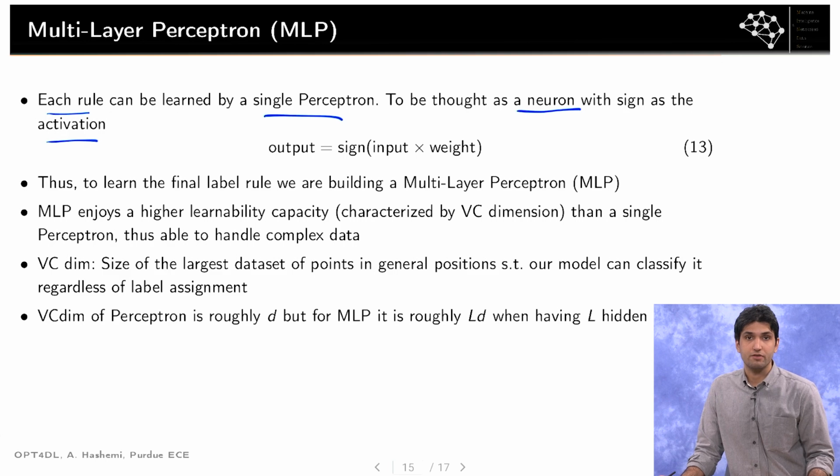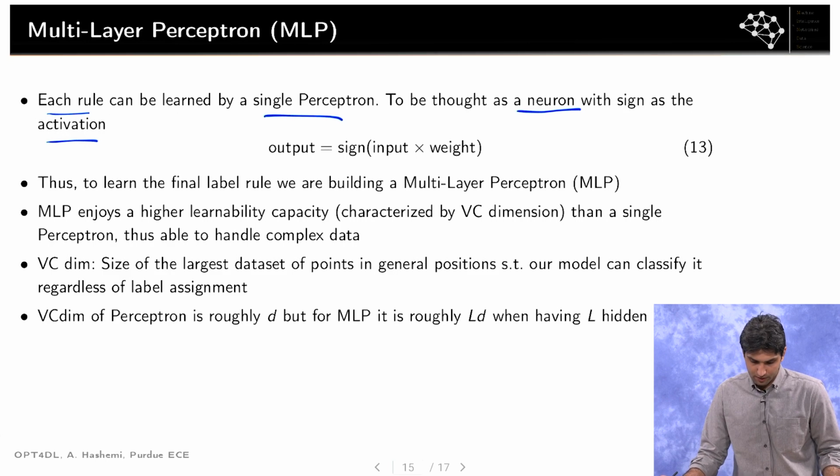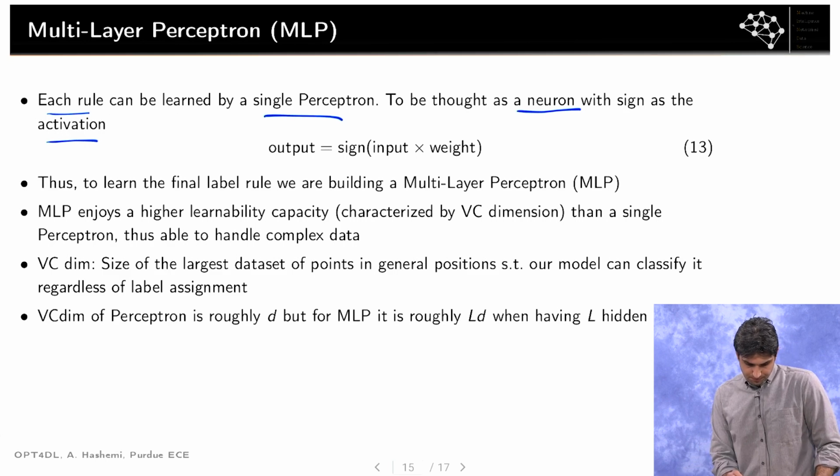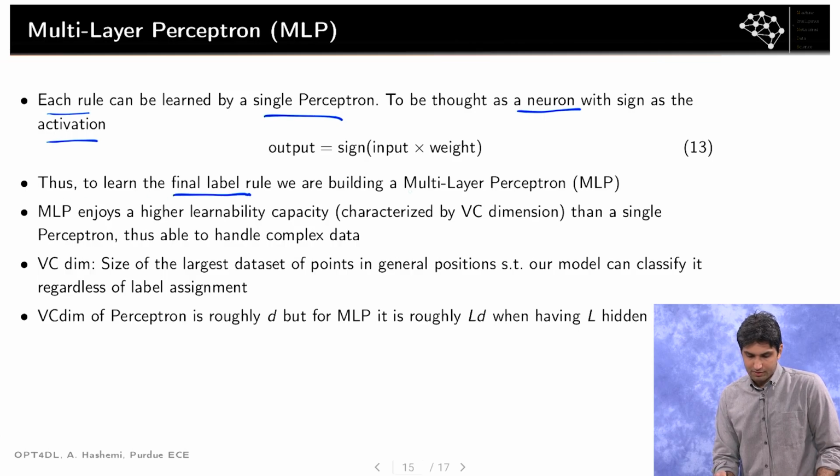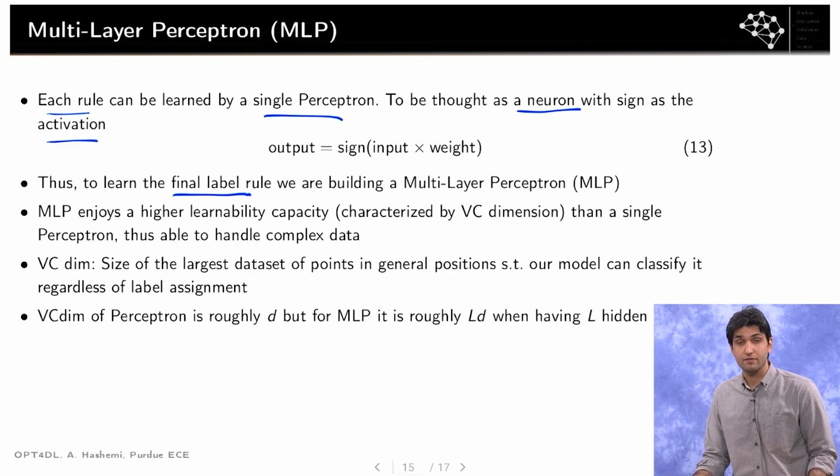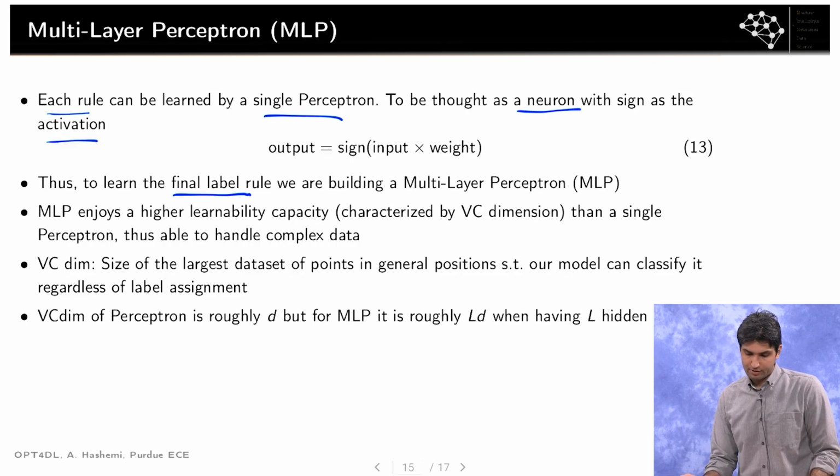If the sign is negative, it's gonna return minus 1. Okay. And as I mentioned, to find the label rule, we are basically combining these perceptrons, these neurons, if you will, with this sign as activation function to build what we call a multi-layer perceptron.